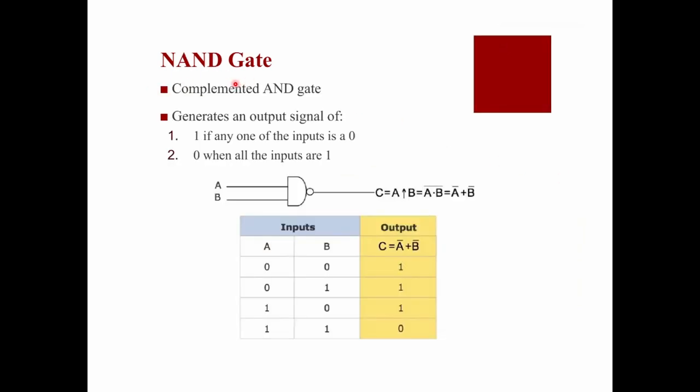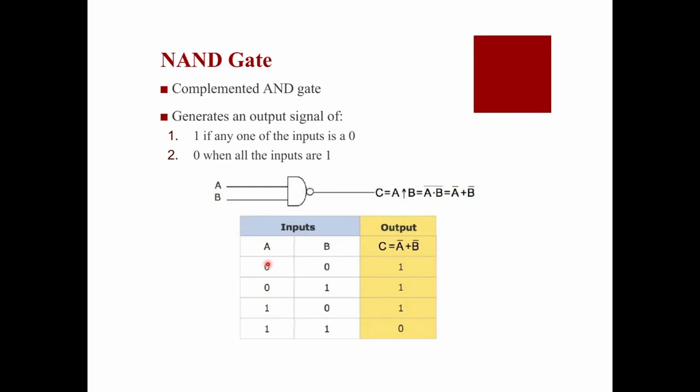Next, NAND gate. Okay, NAND gate, this symbol is combined from NOT and AND. The symbol looks like this, and as you can see, in front we put the bubble here.